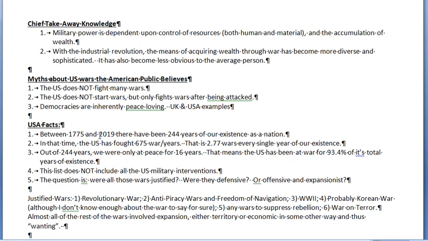So between the years of 1775 and 2019, when I did the study, there have been 244 years of our existence as a nation. Now, a lot of people may debate this, say, well, no, we weren't a nation until the Constitution was ratified. When was it ratified? Like 1787 or something like that, right?